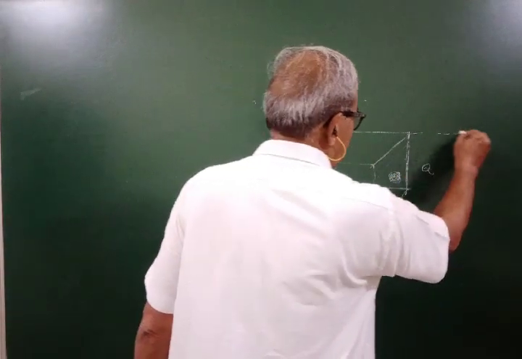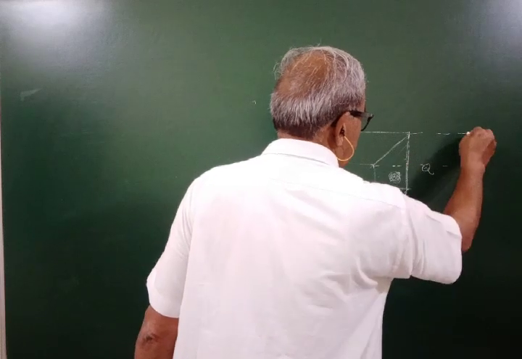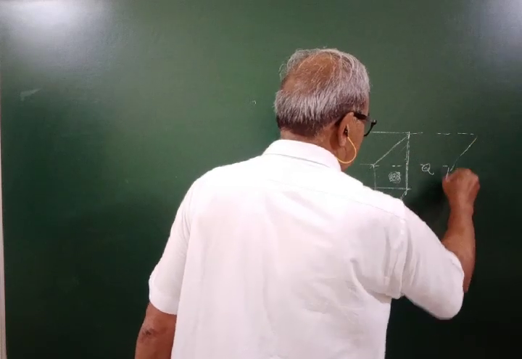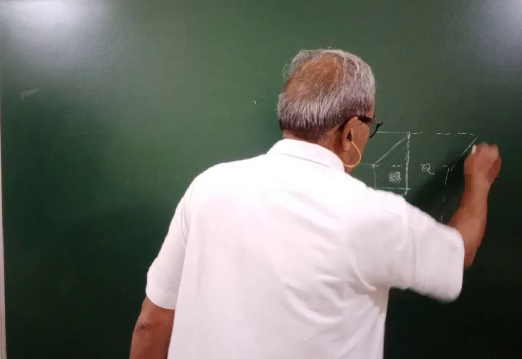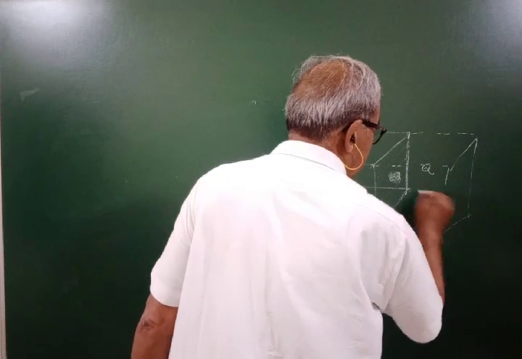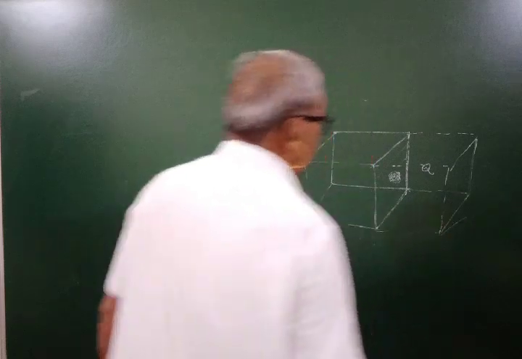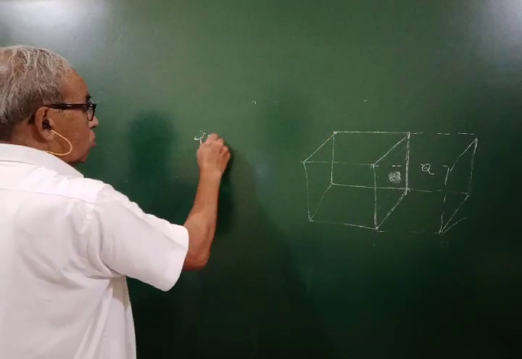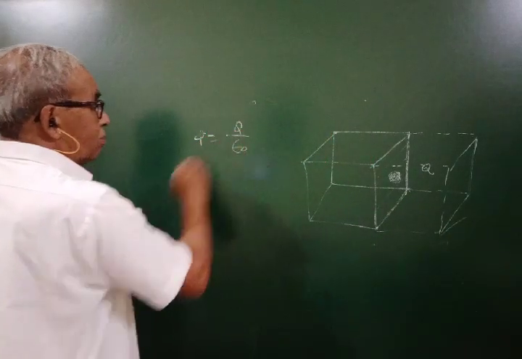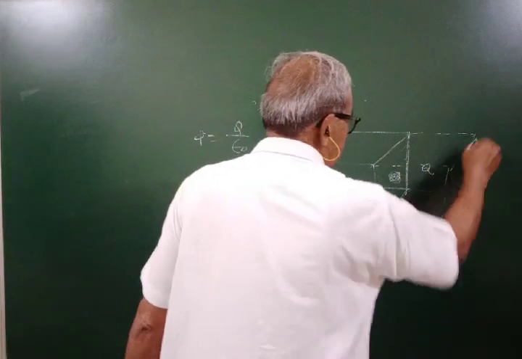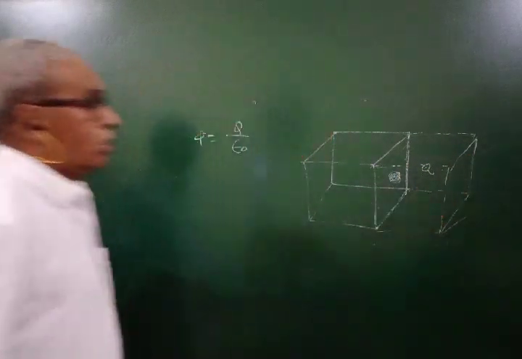So we imagine another cube here, and then the electric flux through that whole arrangement will be phi equal to q upon epsilon 0. So this flux is linked with two cubes.